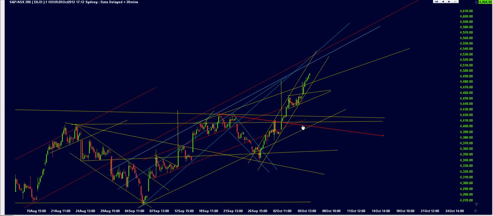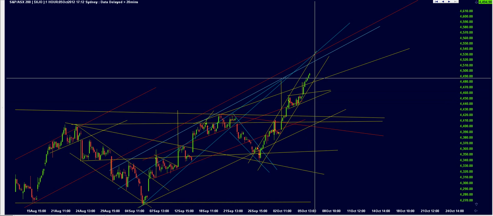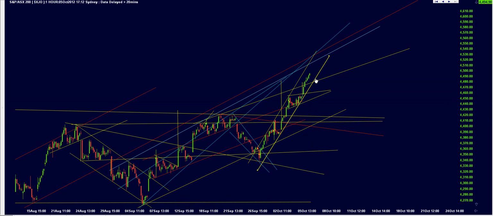And we didn't get that back test. So I think that that's a very bullish thing that the ASX 200 didn't even bother to come back down and test some support areas. The line that I would be keeping my eye on is this lower trend line here. If we break this area, which we will eventually, we'll probably come down and test some new areas of support.